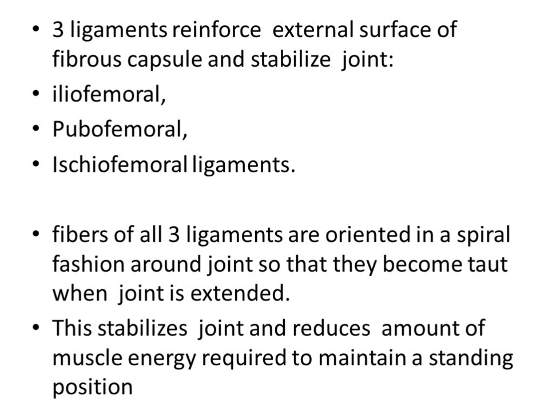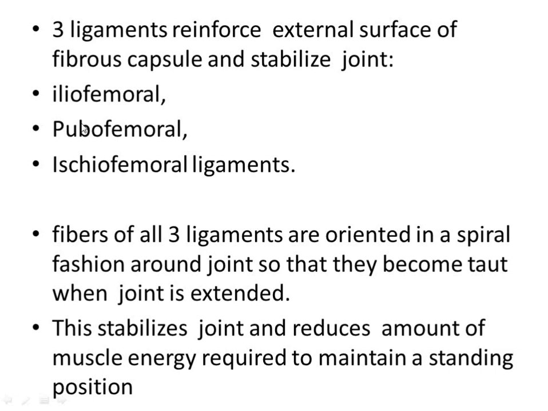External to the fibrous capsule, there are three more very important ligaments which reinforce this fibrous capsule externally, thereby further contributing to stabilizing the hip joint. These three ligaments are namely the iliofemoral, pubofemoral, and ischiofemoral ligaments.